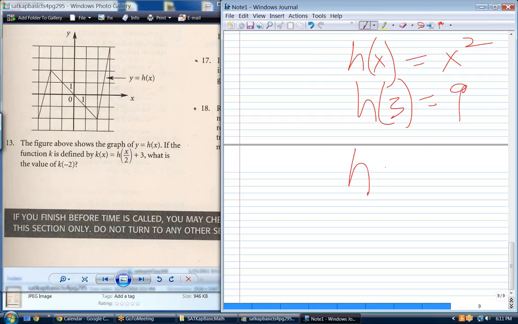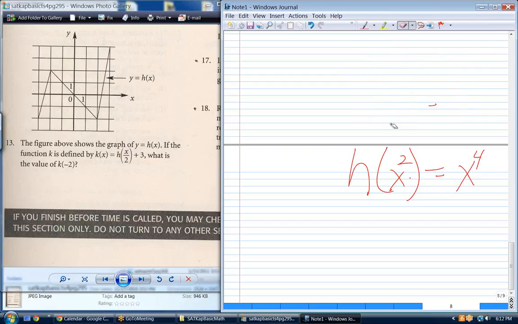What is h of x squared equal to? X squared then squared. Right. In other words, whatever's in the parentheses, we're going to substitute for x, right? Right. No matter what it is. So that's the first thing we need to understand.